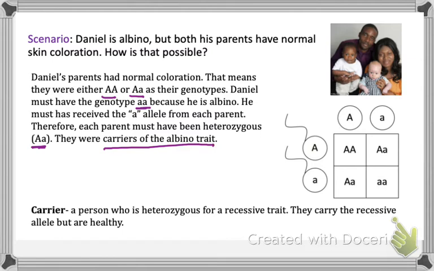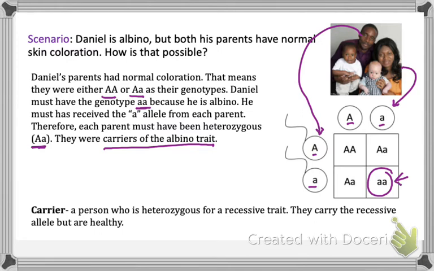So before we talk about that word carrier, let's look at the Punnett square. Daniel's mom was heterozygous. She had a dominant allele and a recessive allele. And then Daniel's dad was also heterozygous, with a dominant allele and a recessive allele. And when those 2 recessive alleles unite, that little a little a offspring represents Daniel.